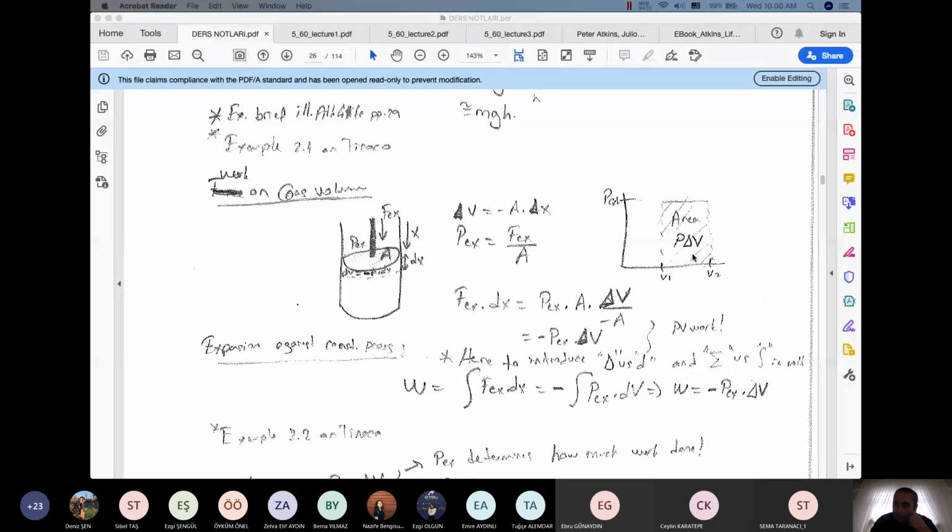PV is a function of number of moles and temperature, and PV over there corresponds to the work, actually, the work the system does, or the work the system loses. Okay, so that's why the multiplication of pressure and volume together means something very special in physical chemistry, and it refers to the work, what we call expansion work.